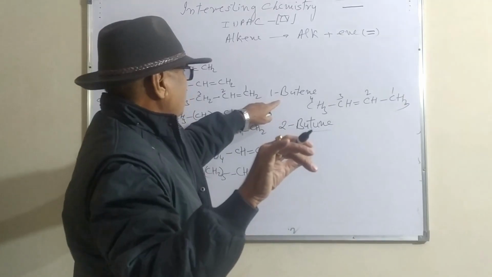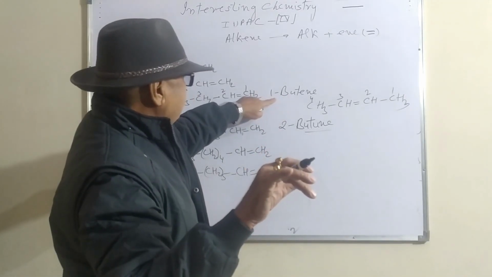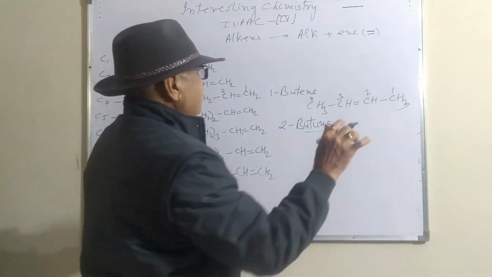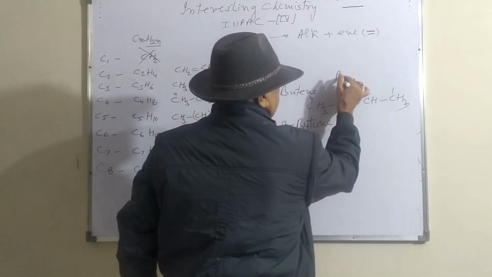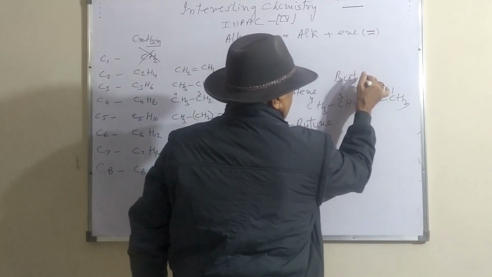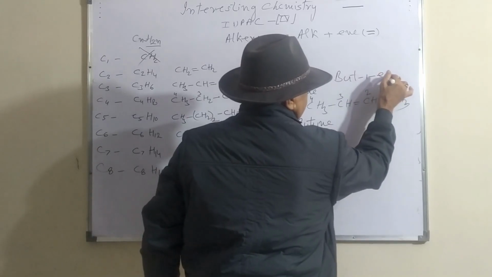So 1-butene can be written as but-1-ene.